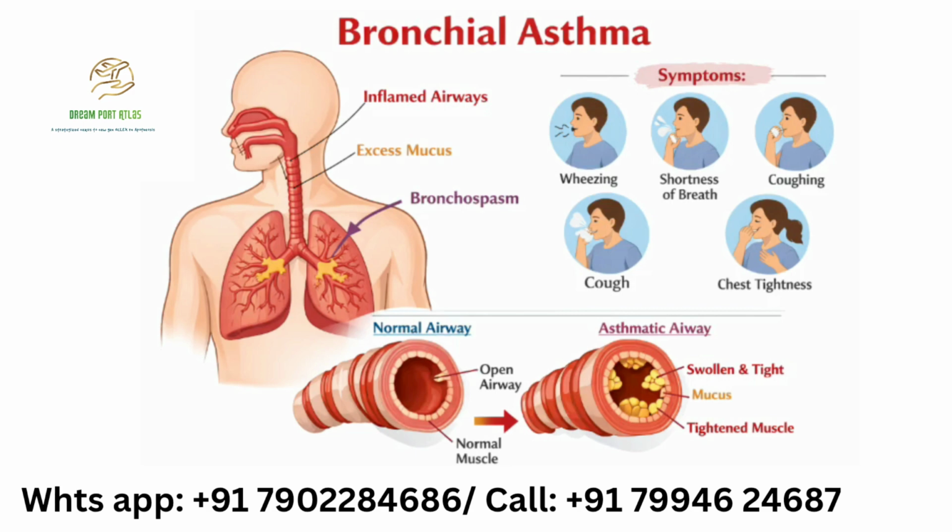That means a productive cough can be noted in bronchial asthma. And also there is chest tightness, because the smooth muscles will get tightened and the client experiences chest pain or chest tightness. So these are the symptoms involved in bronchial asthma, and we need to manage all these symptoms. We need to manage the bronchospasm.